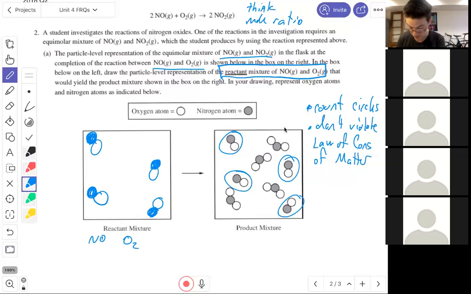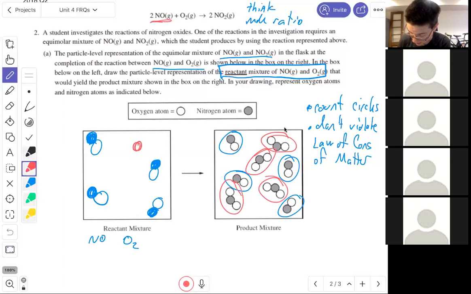Out of these four NO2s, how many NO particles am I going to get? Four. The only way nitrogen exists in this system, according to the problem at the top, is as NOs.